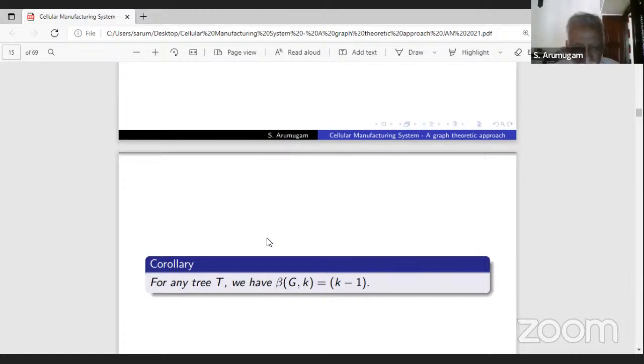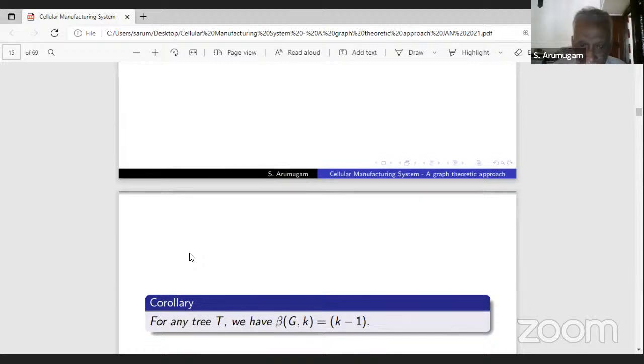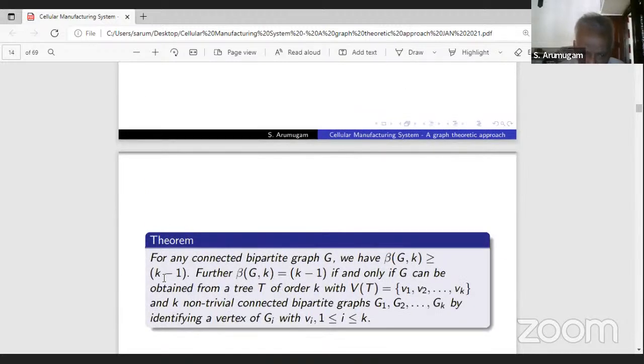Not only that, I have completely characterized all graphs for which this is exactly equal to k minus 1. The complete characterization is: beta g comma k is k minus 1 if and only if g can be obtained from a tree of order k and put at every vertex a non-trivial connected bipartite graph.